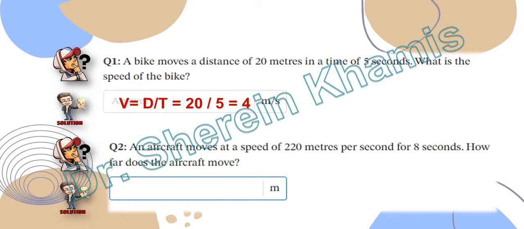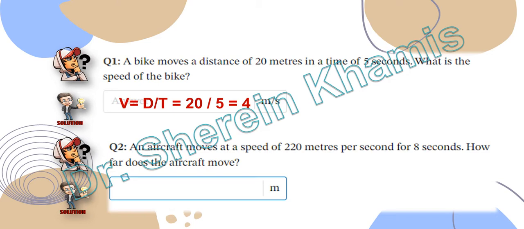We have an aircraft that moves at a speed of 20 meters per second for 8 seconds. Okay, the given here are the speed and time. So how far does the aircraft move?